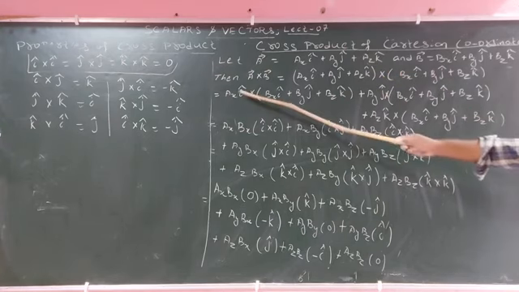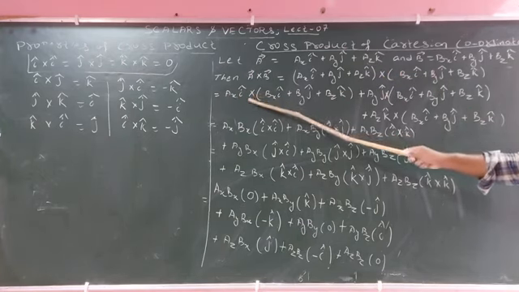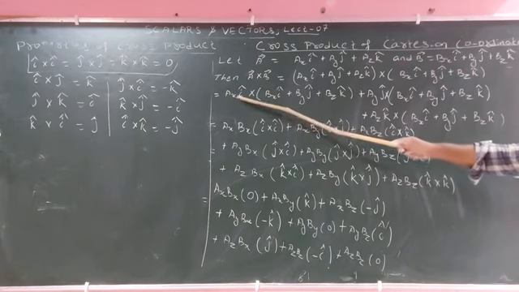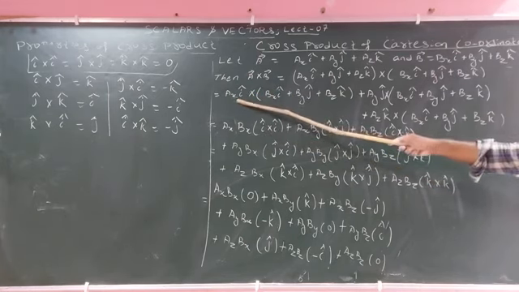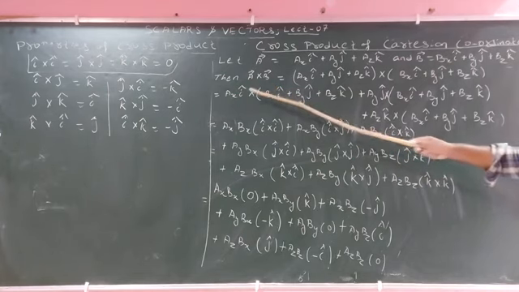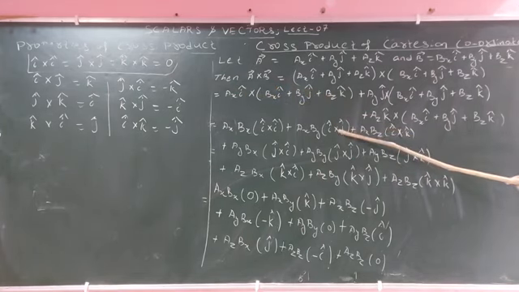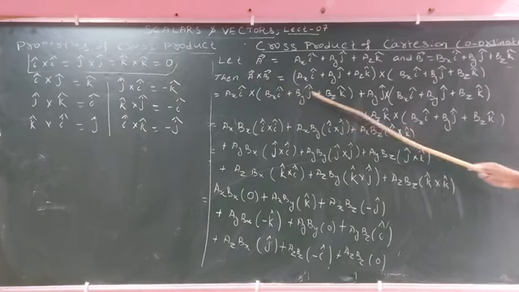Then ax i cap cross bx i cap means ax bx i cap cross i cap, ax by i cap cross j cap, ax bz i cap cross k cap.